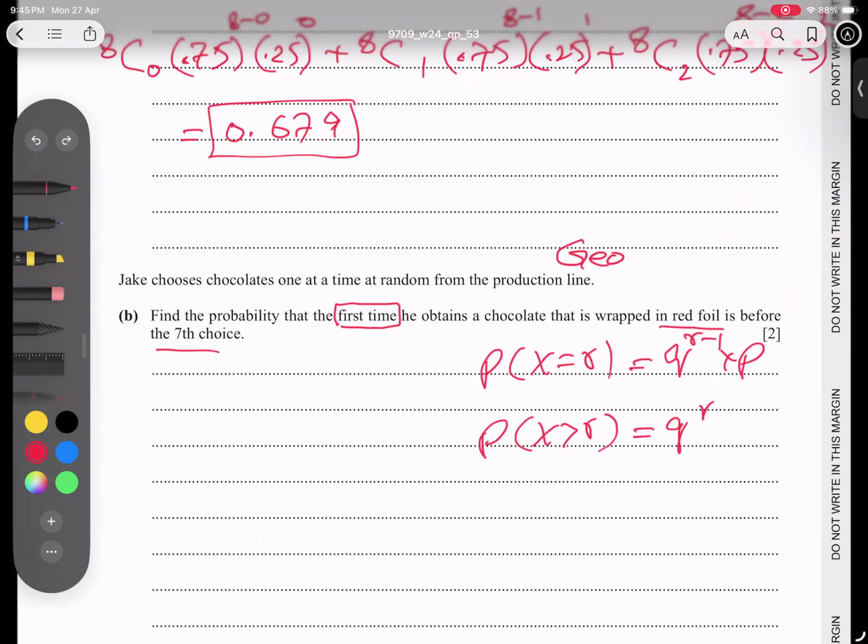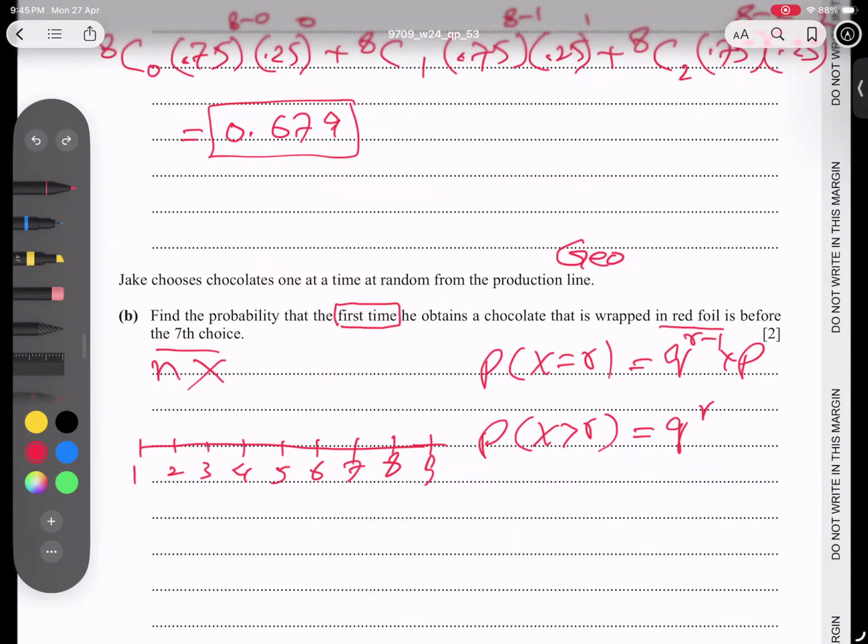If I make a line here, geometrical probability always starts from 1: 2, 3, 4, 5, 6, 7, 8, 9. What is the important part? Geometrical probability is one concept, and second, no n value is given, which is also a hint for geometrical probability.